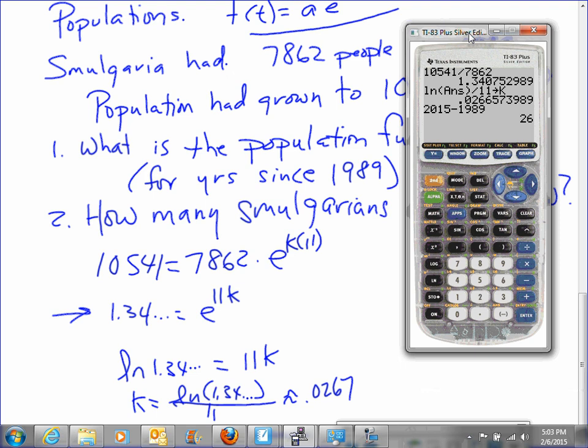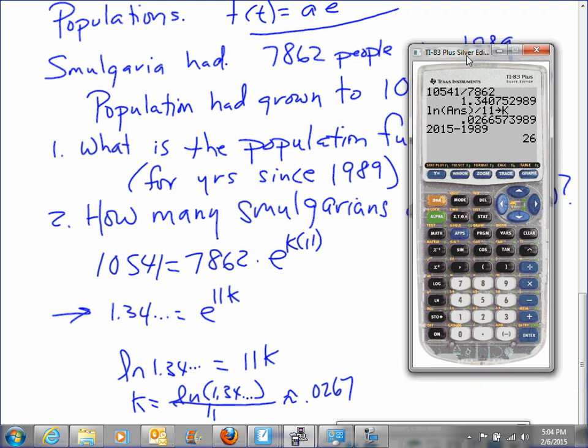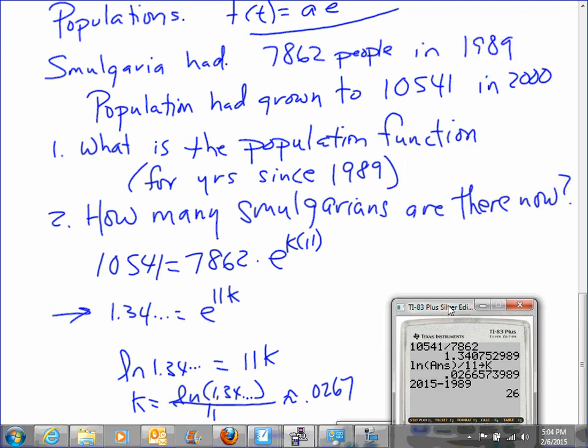So let's write the equation. What is the population equation? I'll just put it right here. It's P of T, population, is equal to 7862 times e to the 0.0267T.